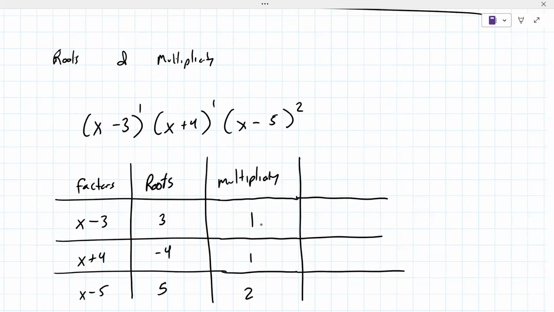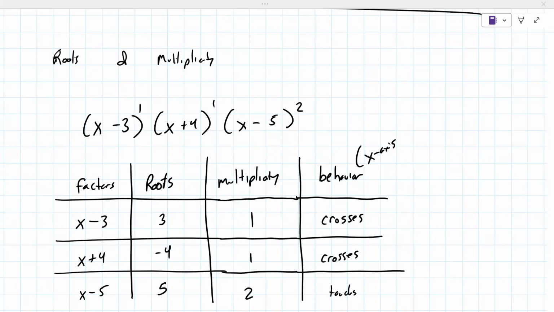The behavior is the following: crosses and touches. And the behavior refers to the x-axis. So I'm going to put a graph up of this, and you'll see what I mean.